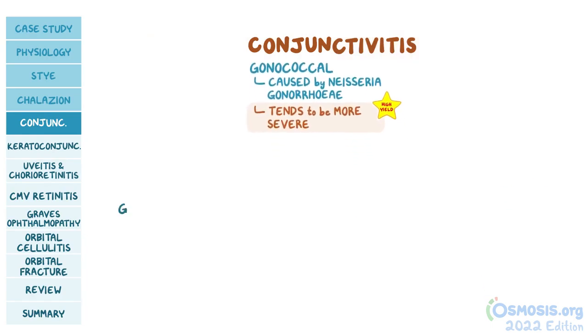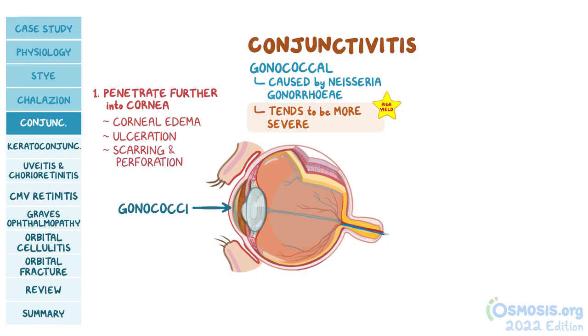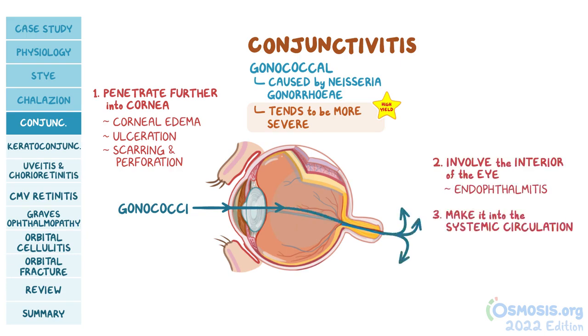That's because gonococci can penetrate further into the cornea, causing corneal edema, ulceration, or even scarring and perforation. In some cases, gonococci could get even deeper and involve the interior of the eye, causing endophthalmitis, or make it into the systemic circulation and spread throughout the body.